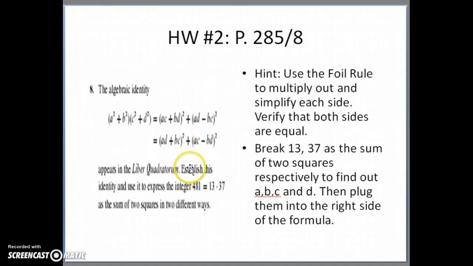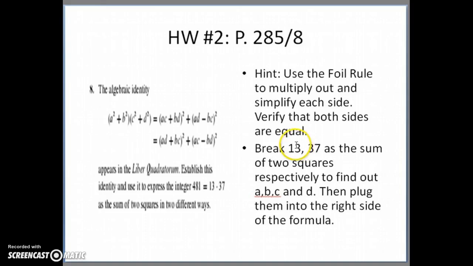So if we use what's given here, 481 can be factored as 13 times 37. So if we think of a squared plus b squared as 13 and c squared plus d squared as 37, it's exactly 13 times 37. So we identify the first expression in the parentheses as 13 and the second one as 37.